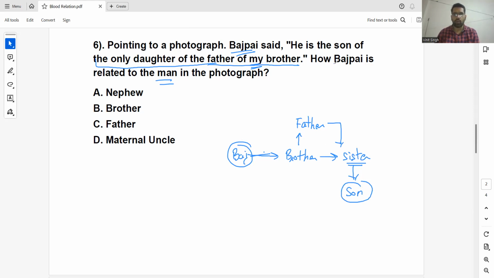Now, how is Vajpayee related to that man in the photograph? It will be a nephew, no; brother, no; father, no; maternal uncle. Maternal means brother of the mother. Now, come to the next question.